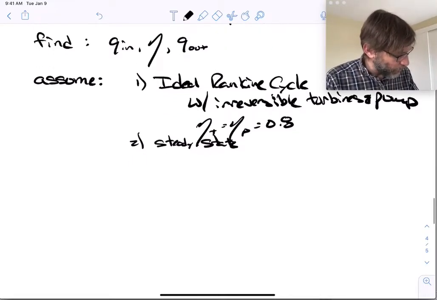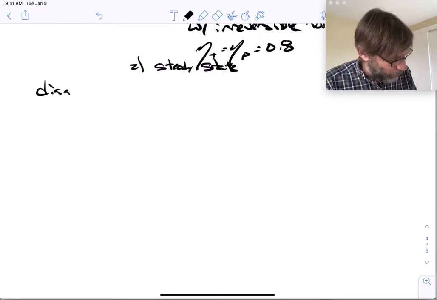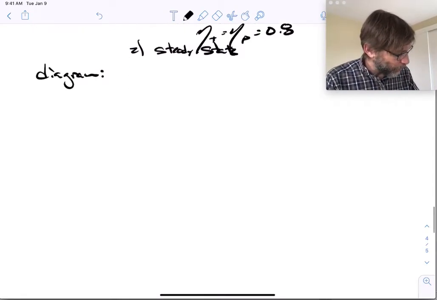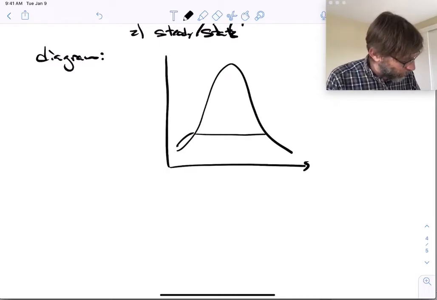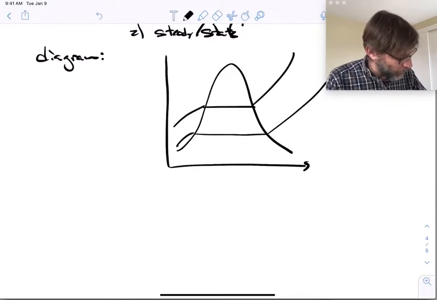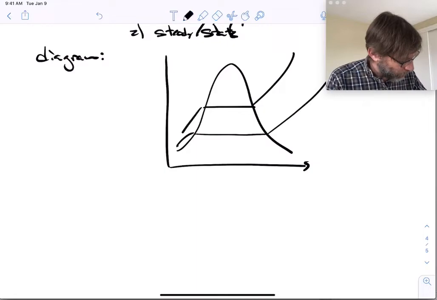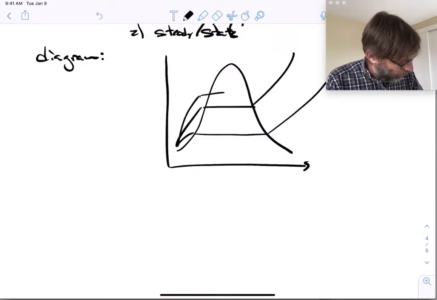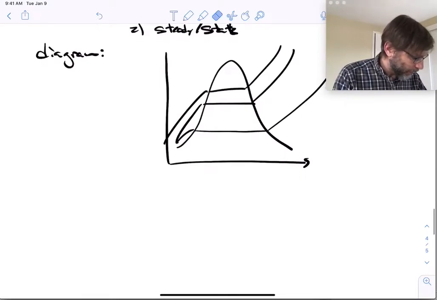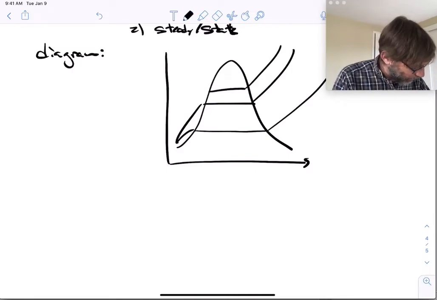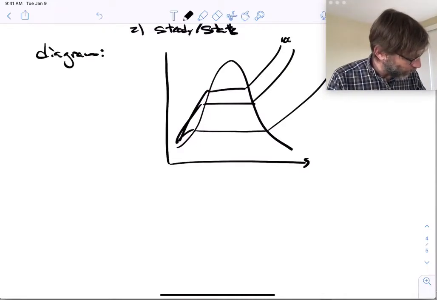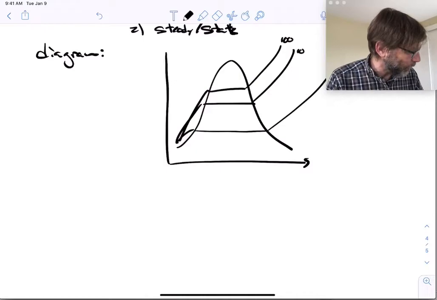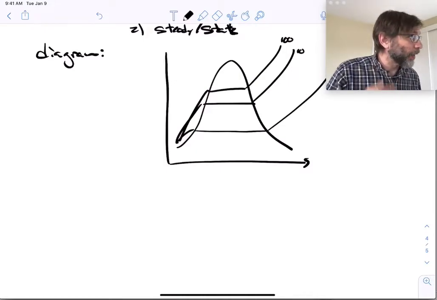Now, one thing we're going to do is make a new T-S diagram. We don't need to make a new system diagram because it looks the same. But if we make a new T-S diagram, let's see if I can make it the same. We have the same three pressures we had before: 100, 10, and 0.08, in terms of bar.